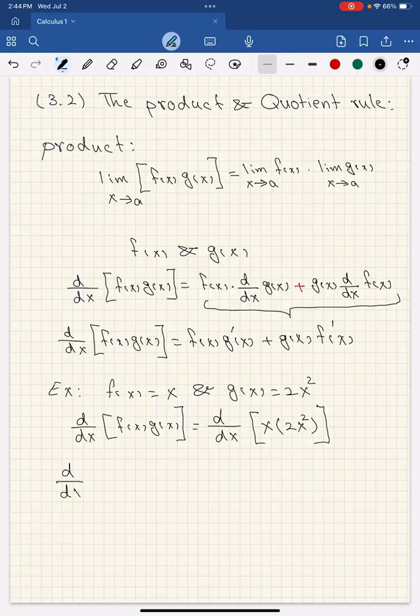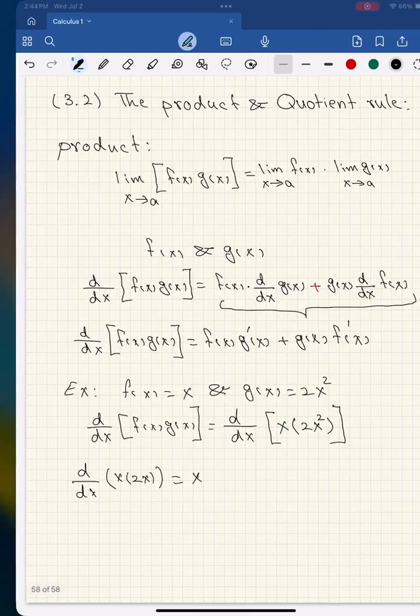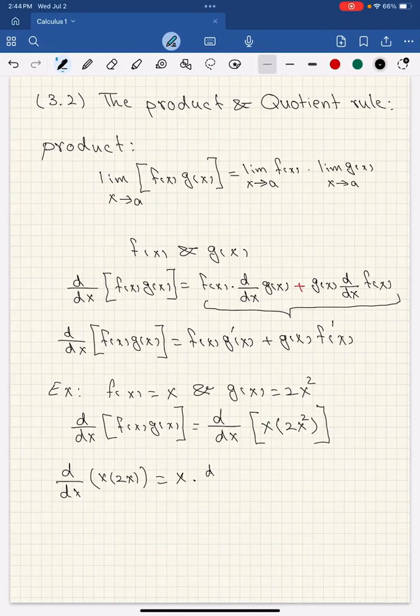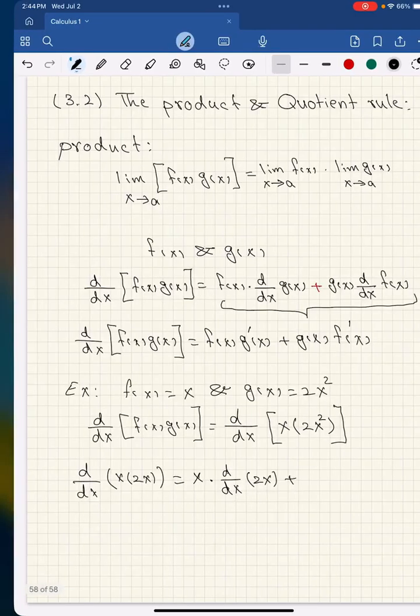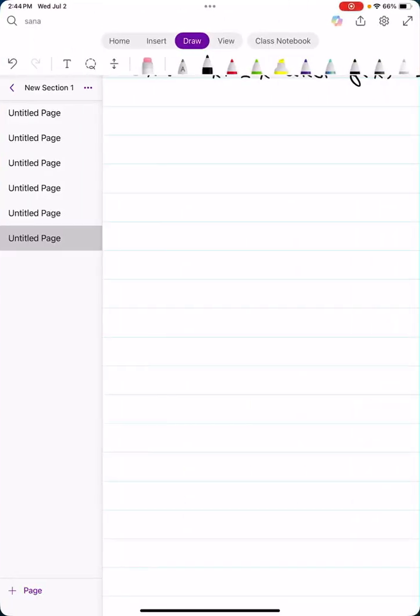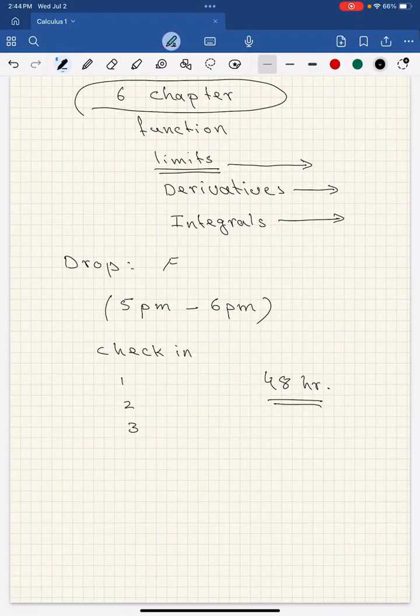Then d/dx of x times 2x squared equals, look at the formula, f of x, your f of x is x, times d/dx of g of x, which is 2x squared, then plus sign, your g of x, which is 2x squared.